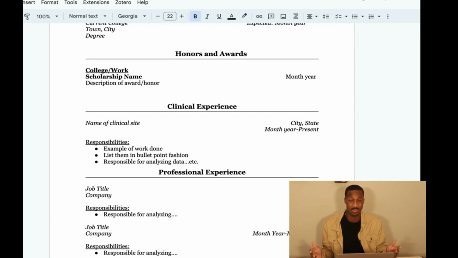If you got honors and awards that are applicable to some type of research or clinical experience, put it on here. Now, what we're talking about isn't winning second place in a track meet when you were in 10th grade or 3rd grade. We're talking about the things that matter the most in terms of clinical and professional experiences.